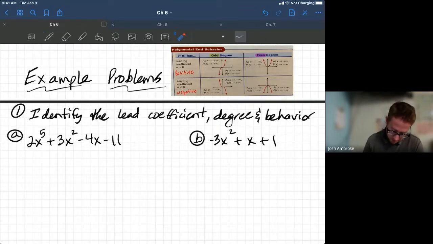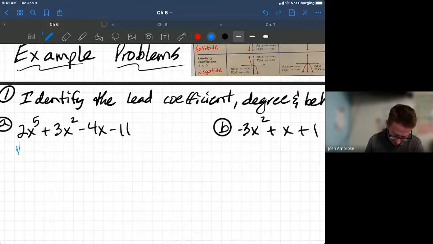The lead coefficient is going to be this guy right here. It's a 2. And then what is the degree over here? That's a 5. So what we're focused on is that the lead coefficient is positive and the degree is odd.